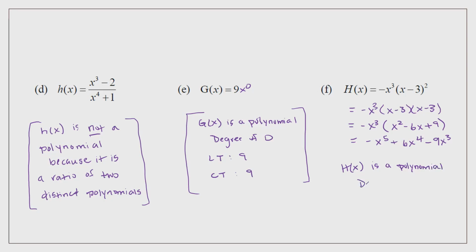It has a degree of 5 because that's the highest power. Its leading term is negative x to the fifth power, and its constant term is 0. Okay? Although 0 is not there, it is always present. Alrighty.